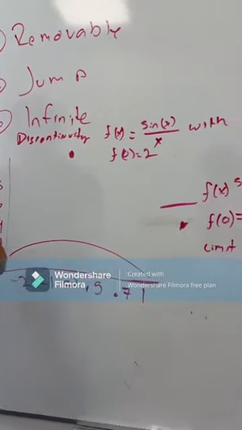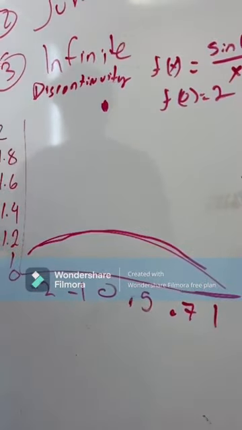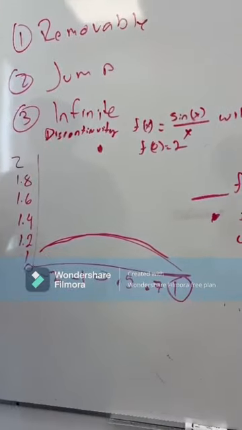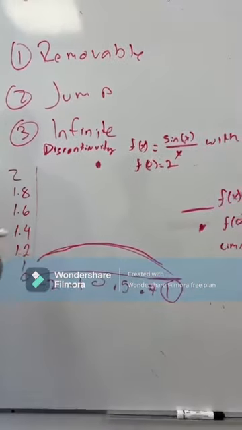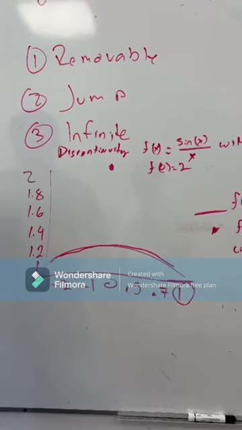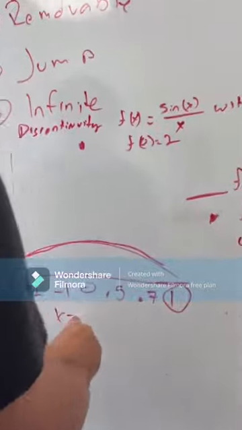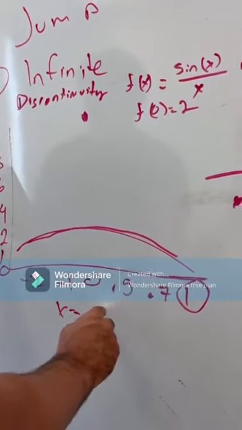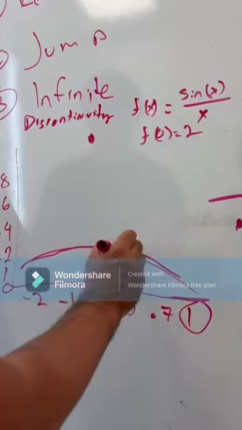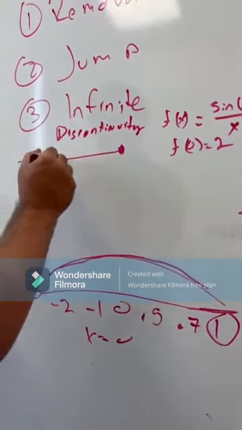So we can see that the curve is smooth and it approaches the value of 1 as we move toward 0 from the left and the right. But instead of being 1 at x equals 0, there's a red dot at 2.